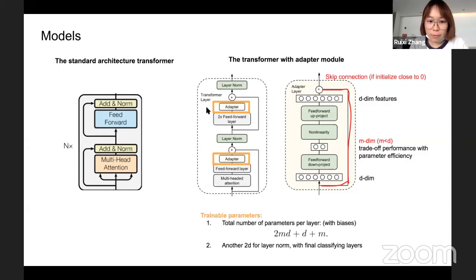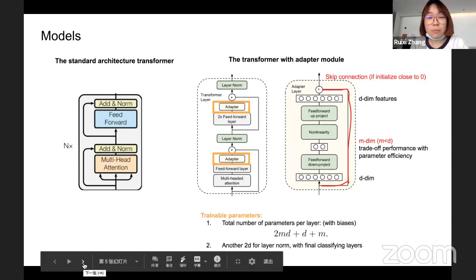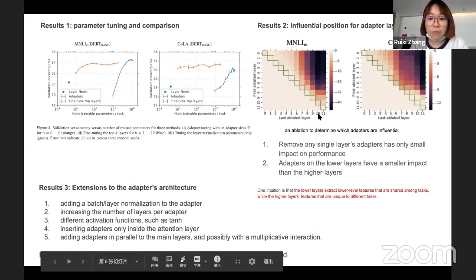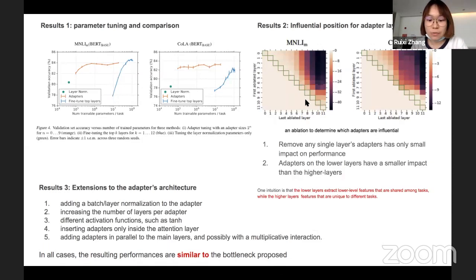The position where we embed those adapter layers is just after the feed forward layers, and for the pre-trained BERT transformer model here, we have 12 layers. So for each transformer layer, we embed such adjustment or adapter layers.